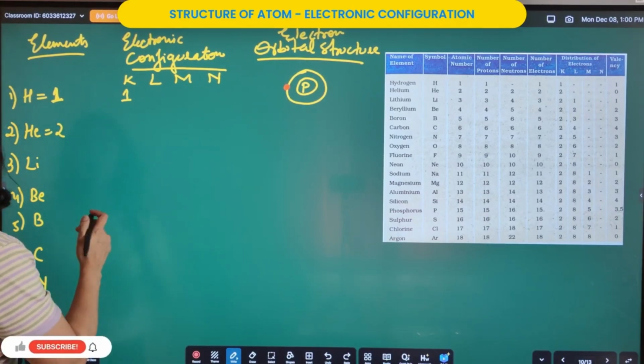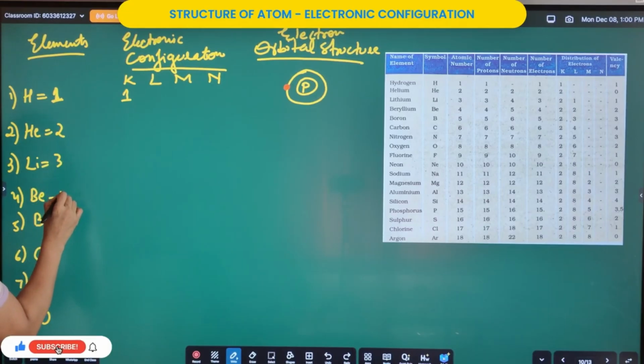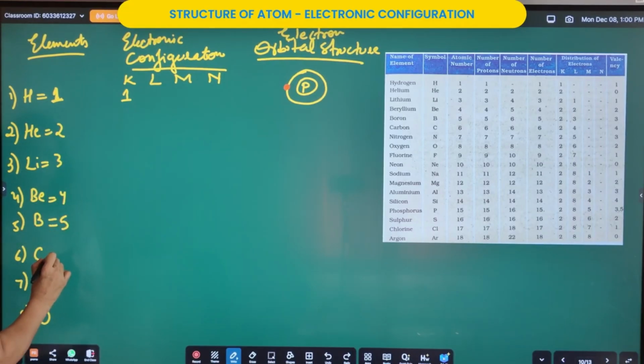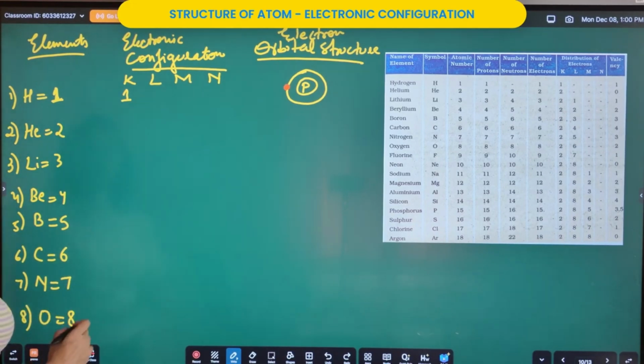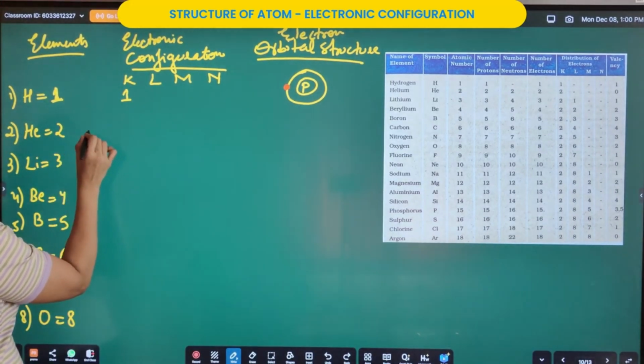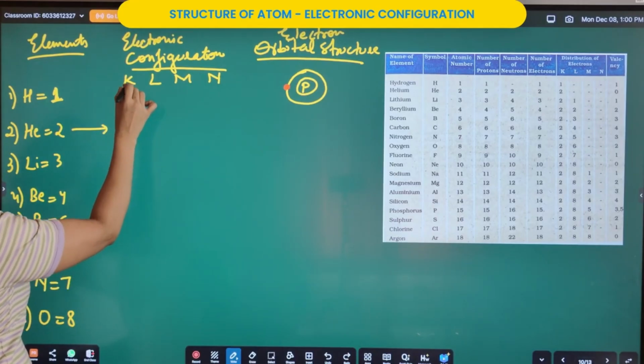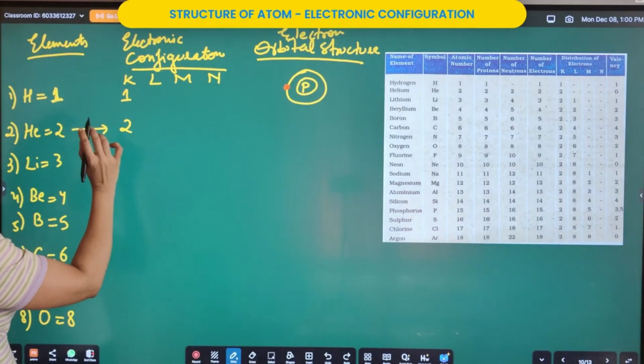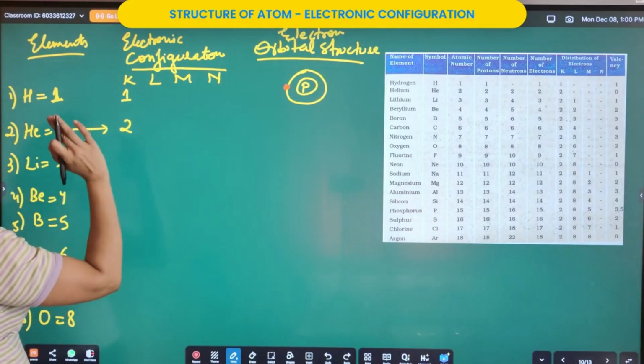Till 8 let us see now. Lithium is atomic number 3, 4 beryllium, 5 boron, 6 carbon, 7 nitrogen and 8 oxygen. Here helium is 2, so it has 2 electrons, the K shell will get filled with 2 electrons and there is no further electron to fill another shell.